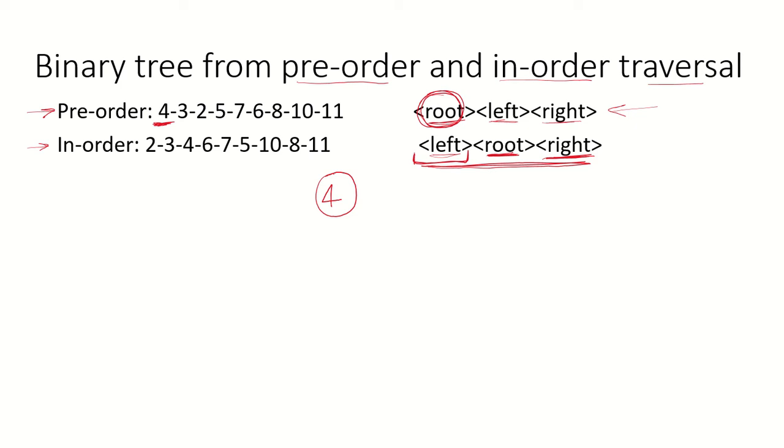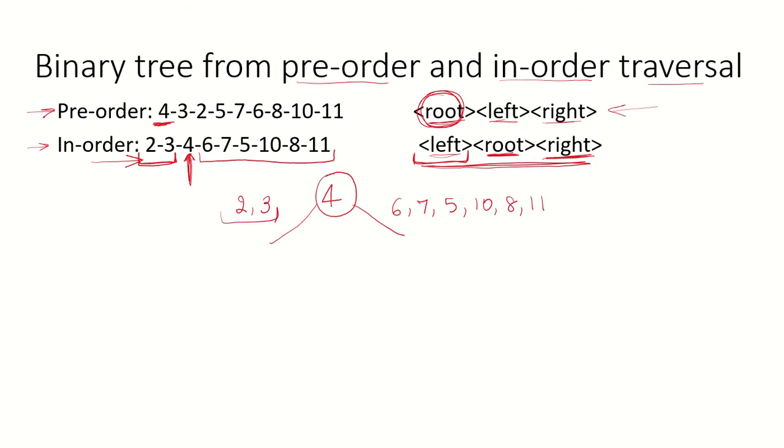If we scan the in-order traversal, we find the root node 4 over here. All elements on the left of root element 4 belong to the left subtree, and all elements to the right will be part of the right subtree: 10, 8 and 11.